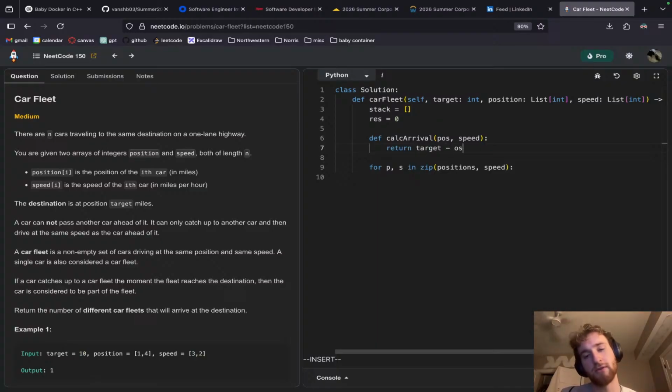Target minus position is the amount of distance left, and then divided by speed. I think. Am I being stupid?